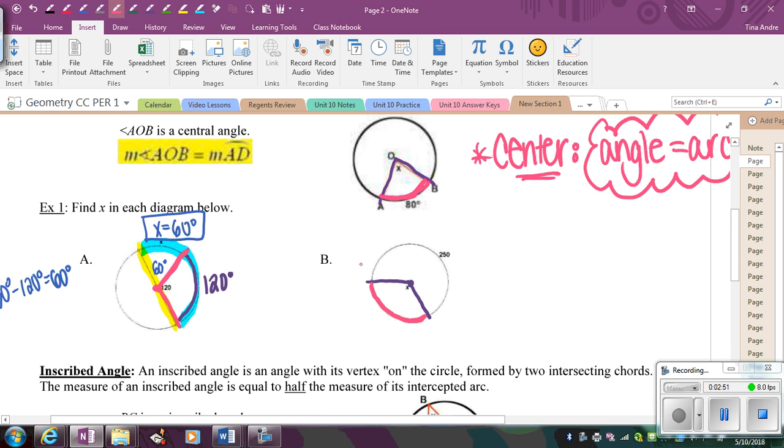In a circle, the total number of degrees around the entire circle is 360. So if I do 360, subtract off the 250, that gives me 110 degrees. That's how many degrees are in this arc, which means that's how many degrees are in the angle, since the angle is equal to the arc. So in this example, x equals 110.